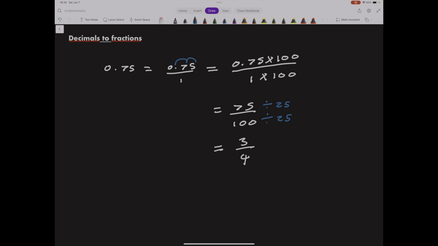So what we've done, just to recap, on this step, so number 1, divide by 1. This is the first step. And the second step, we've got rid of decimal in the numerator.